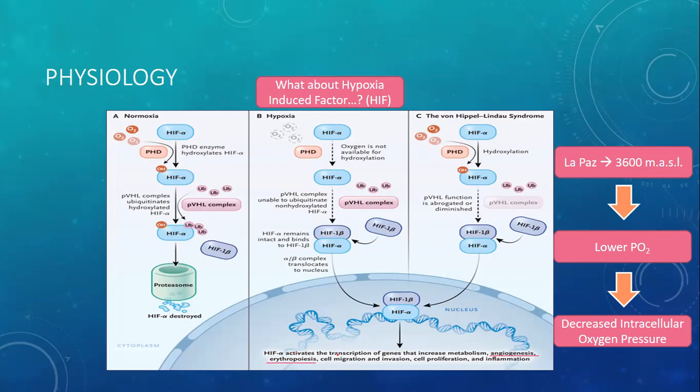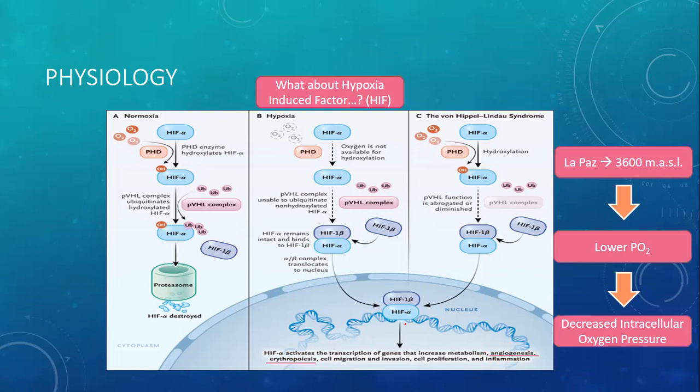So where does this happen? For those people who do not know what angiogenesis is, angio means vessels and genesis means formation. So angiogenesis means the formation of new vessels.